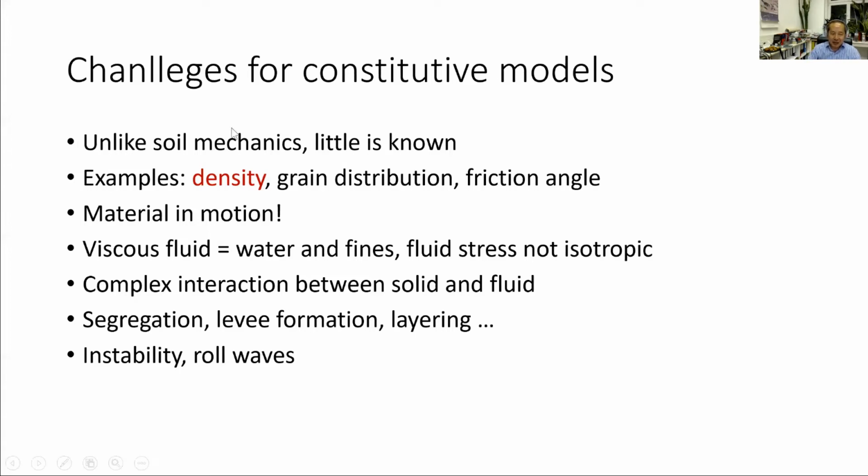I told you that usually we add this kind of fines to the water, which gives rise to a viscous fluid, right? Water and fines lead to the fact that our fluid stress will no longer be isotropic. In water, we got isotropic stress, from the principle of effective stress of Terzaghi. We know that the water pressure part is isotropic.